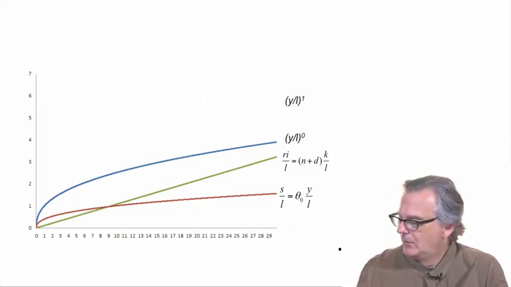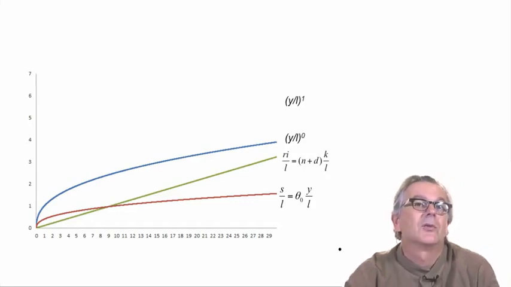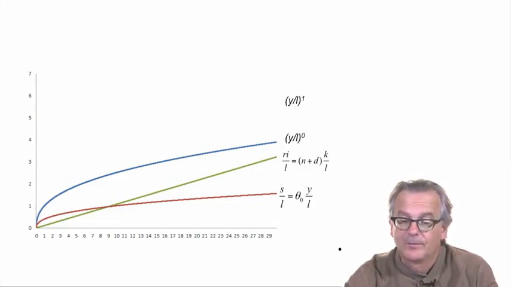So how then do we explain continuous long-run growth? How do we explain growth in the United States, Western Europe and other economies going back hundreds of years?